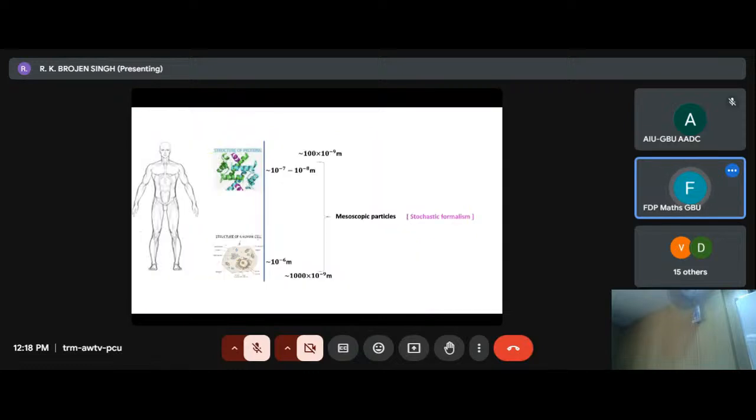Another thing which I want to say is that we know there are roughly 3 parts of the class. Particles in mechanics, and other particles which are always coming from the environment. These are called microscopic particles, and we generally call them stochastic particles.